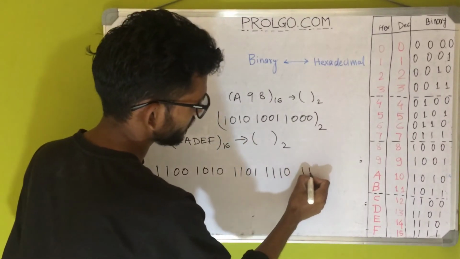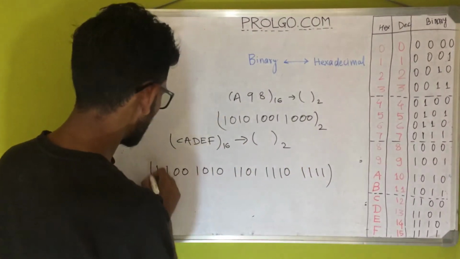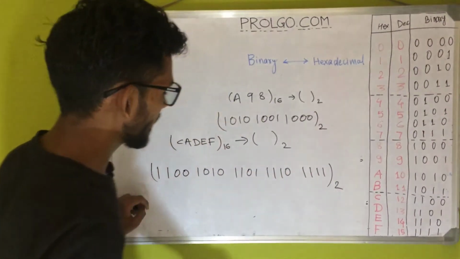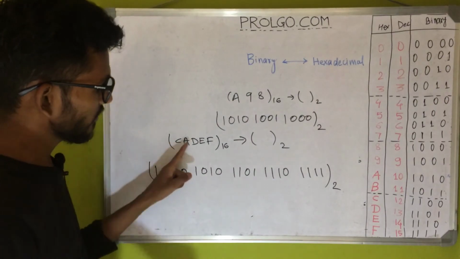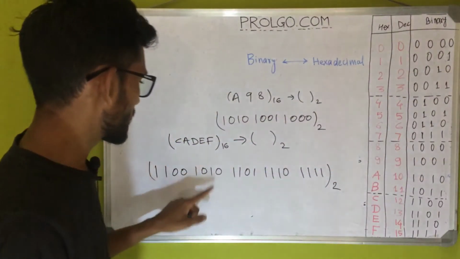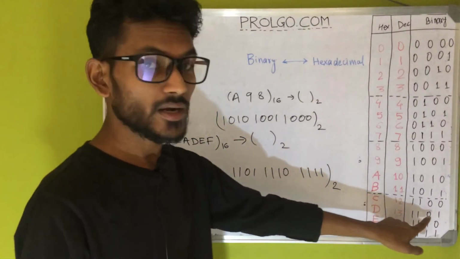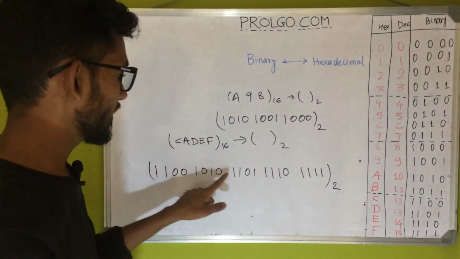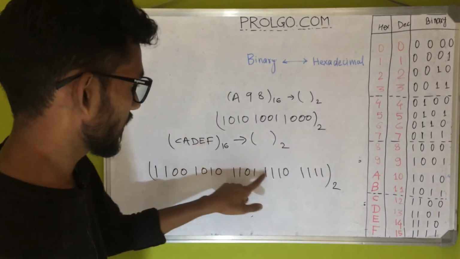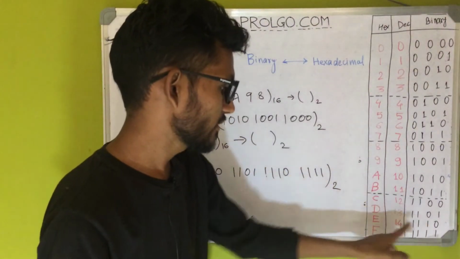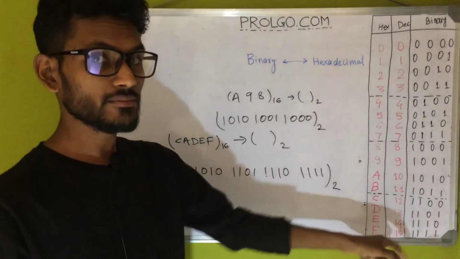Then F, and this is how you can convert into binary. So for C we have 12, I have written 1100, A 1010, D 1101, and then E 1110, and then for F 4 times 1.